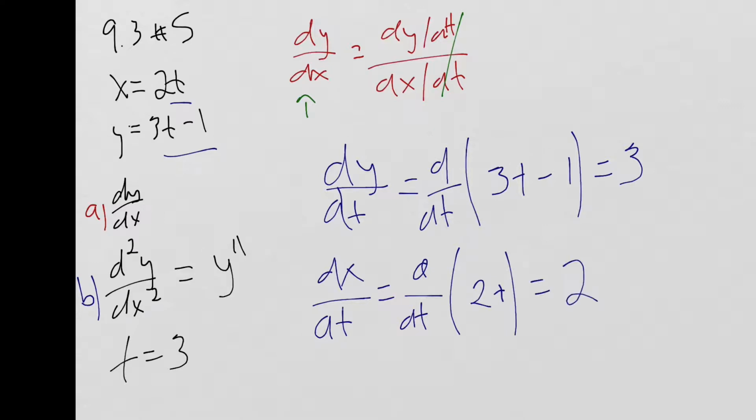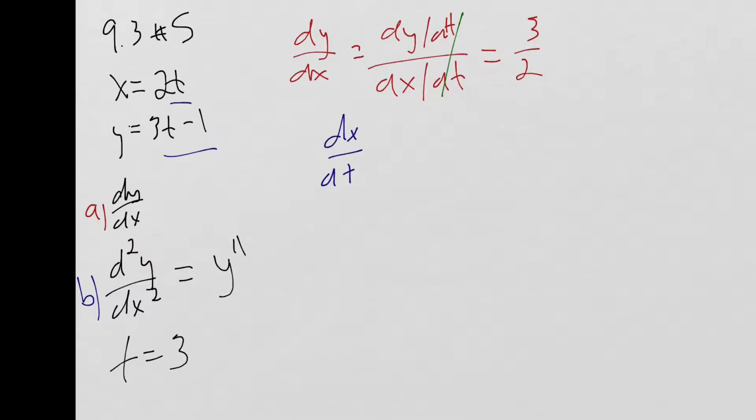Well, that's just 2. So when I come up top, and look, do you see I flipped them here? I put the one that I wanted on top, on top, and the one that I wanted on the bottom, on the bottom. When I do this, I get 3 over 2. And that's my answer. It's just 3/2.